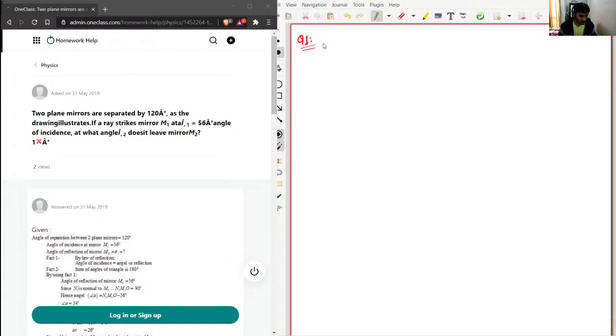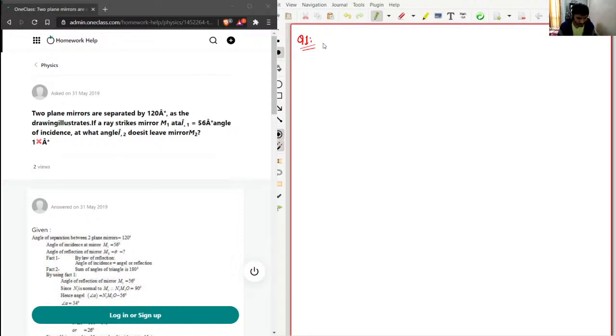It is saying that two plane mirrors are separated by 120 degrees as the drawing illustrates. So we cannot see the drawing obviously. Now if a ray strikes a mirror M1 at an angle of 56 degrees, that means the angle of incidence is 56 degrees here. At what angle of incidence does it leave the mirror?